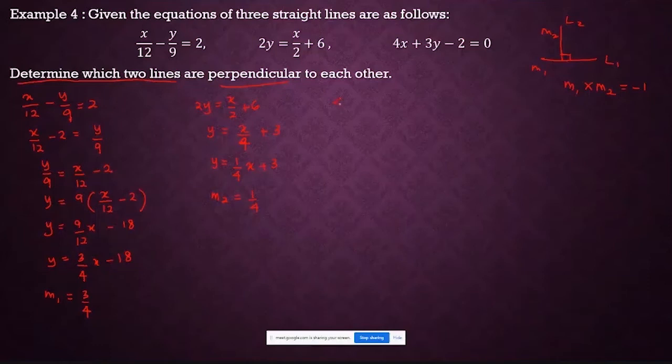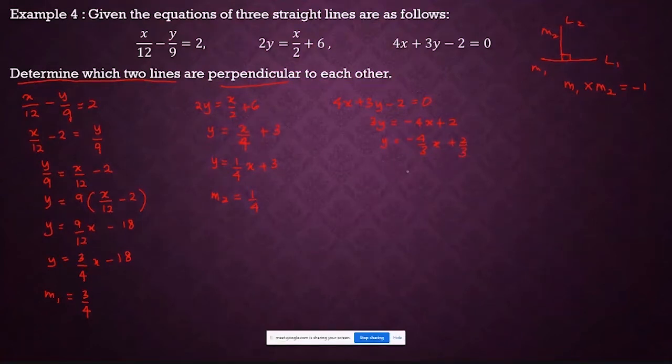Now we check the third line: x plus 3y minus 2 equals 0. So 3y equals negative 4x plus 2. So y equals, divide by 3, negative 4 over 3 x plus 2 over 3.